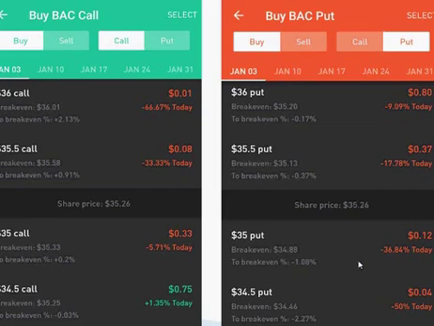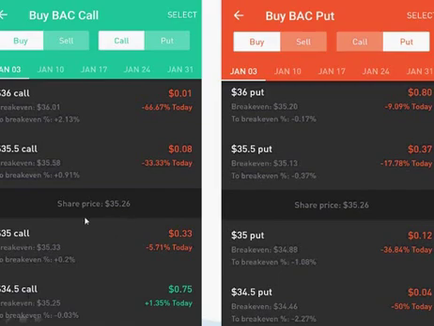Now let's say I bought a 34.50 call contract over here, that is for 75 cents, and if I decided to exercise it, that means I had one contract. When I actually decide to exercise it, I'm going to be buying the stock at the strike price, no matter if the stock is trading at $35.26.